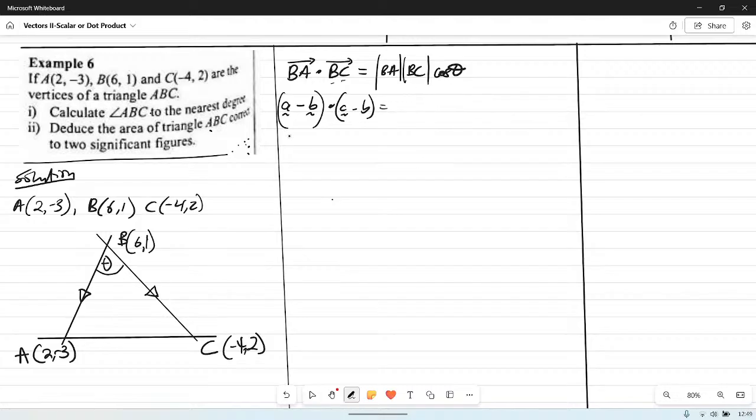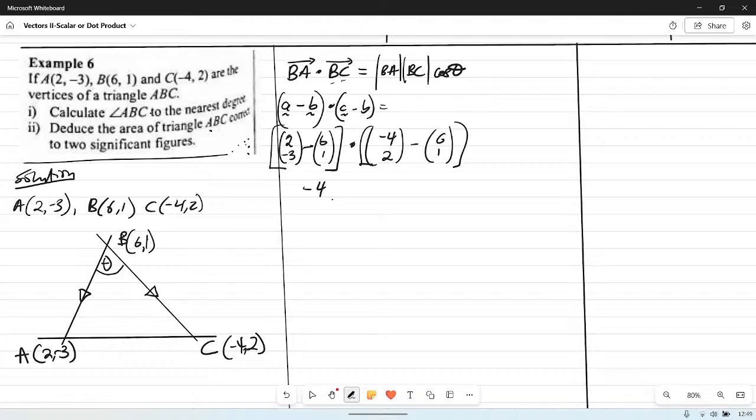So BA becomes A minus B, so (2, -3) minus B, which is (6, 1). When you finish solving this one, then we solve the other one too. C is (-4, 2) minus B, (6, 1). So when you subtract, you get (-4, -4).